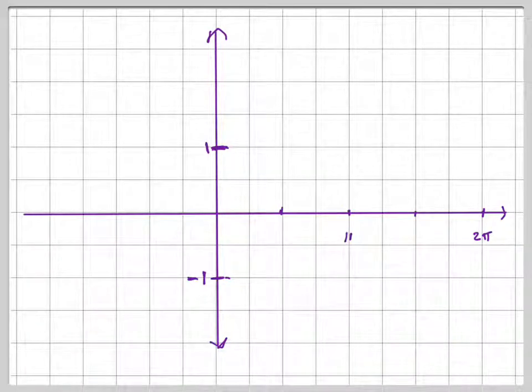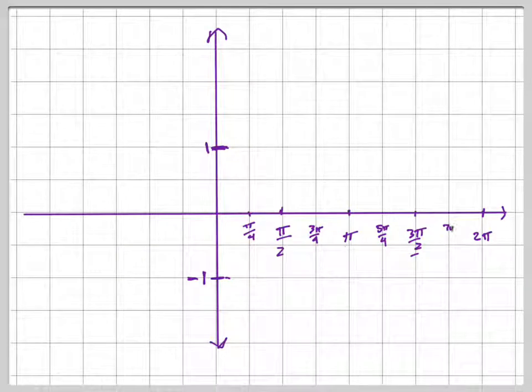So this is pi. This is pi over 2, and this is 3 pi over 2. And this is pi over 4, that's my 45 degrees. This is 3 pi over 4. This is 4 pi over 4. This is 5 pi over 4, 6 pi over 4, 7 pi over 4. Remember how we talked about counting with fractions, counting in fourths?